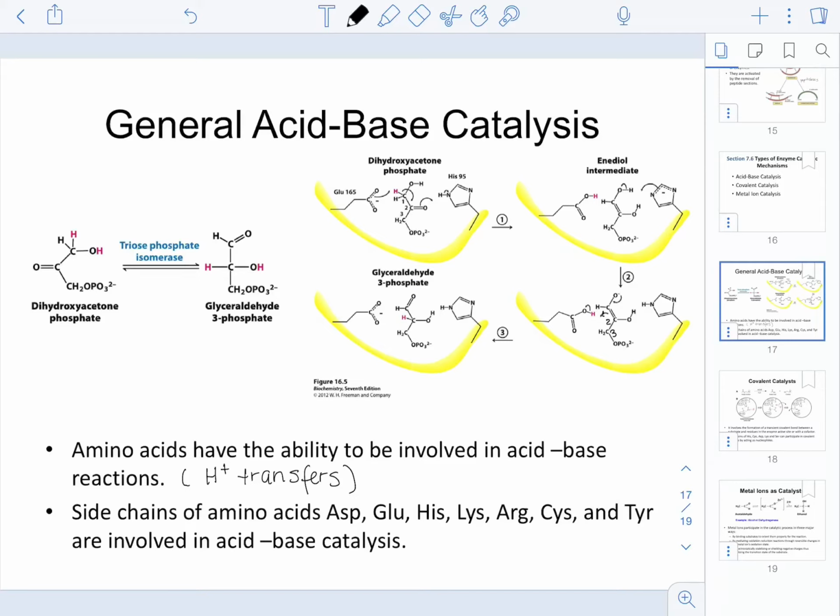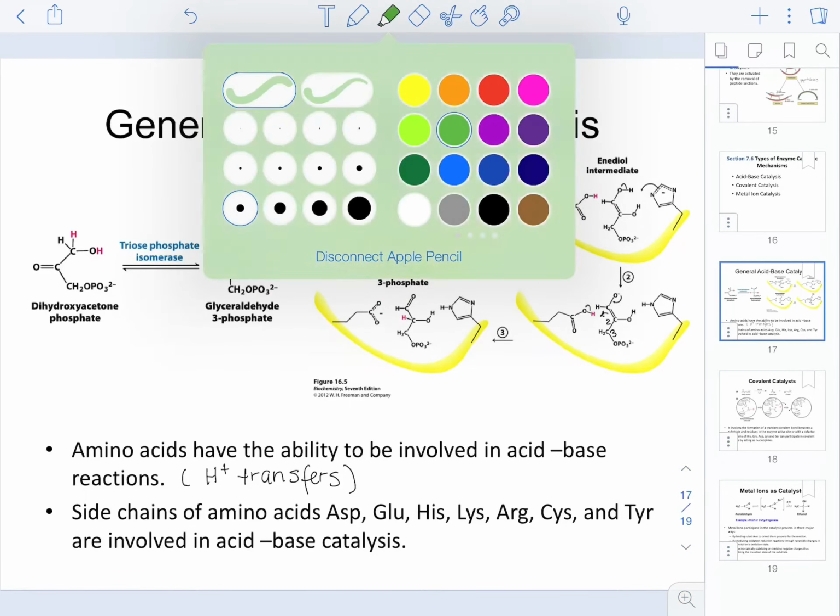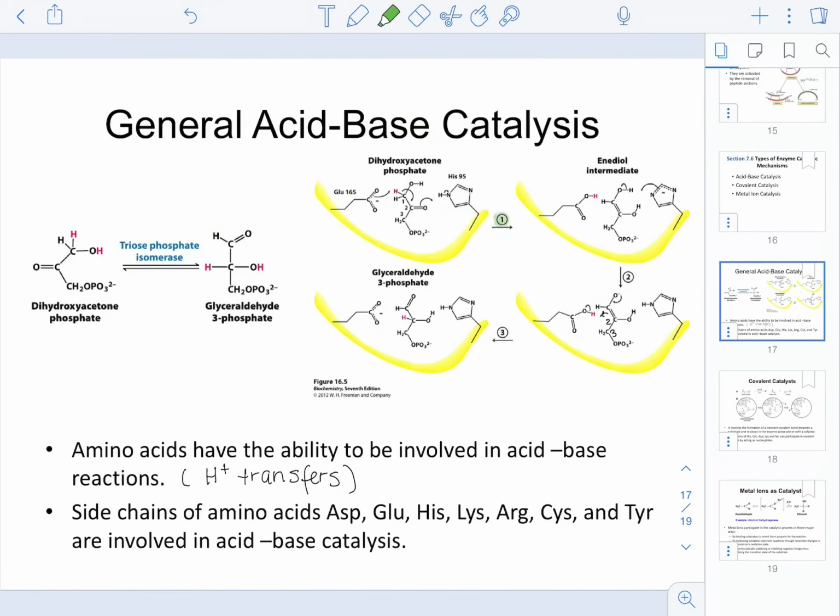To give you guys an example of a general acid-base catalysis, I'm going to be utilizing the isomerization of dihydroxyacetone phosphate to glyceraldehyde 3-phosphate. As you can see, this reaction is going to happen in 3 parts. In step 1, if we look at the flow of work for the different amino acids that are present in that active site, there are 2 residues that we need to pay attention to, which are glutamic acid 165 and histidine 95. In this mechanism specifically, we can see how the glutamate is going to extract a proton from the dihydroxyacetone phosphate.